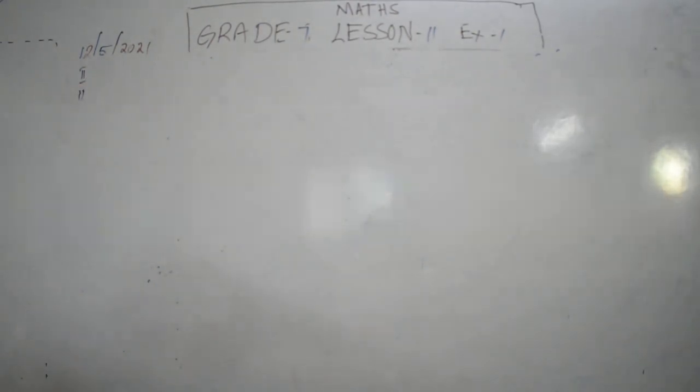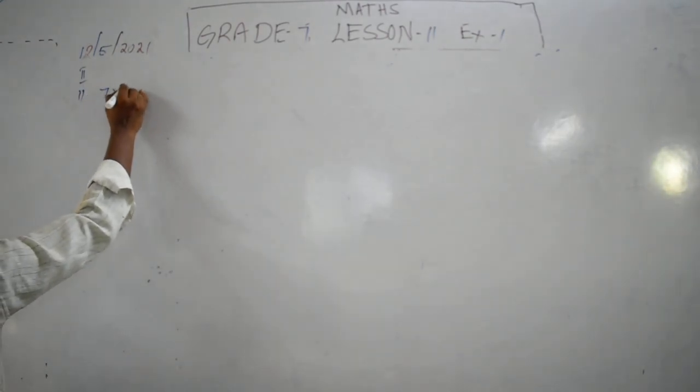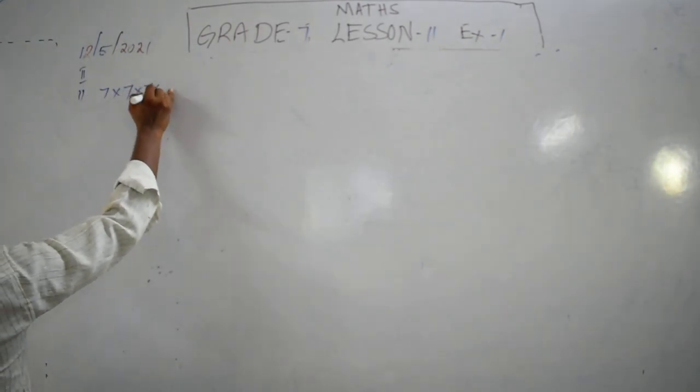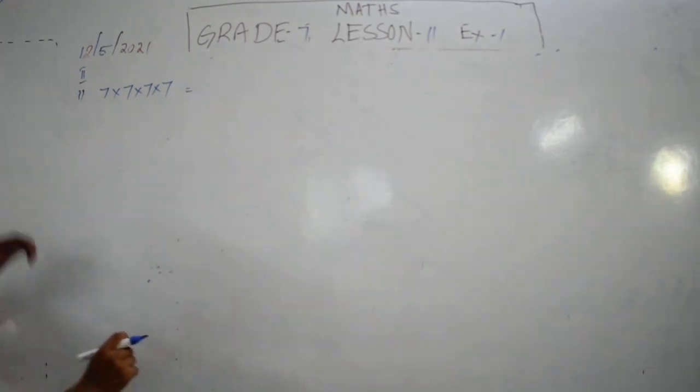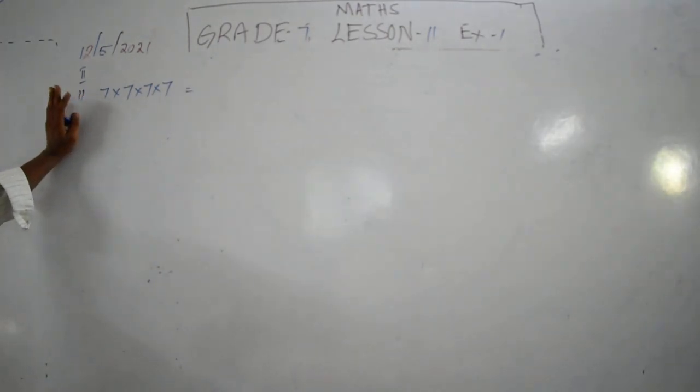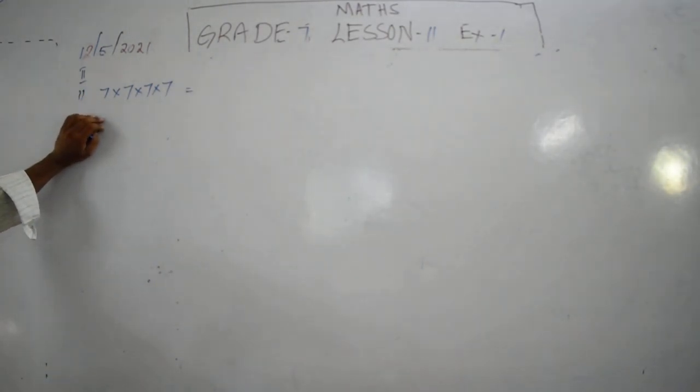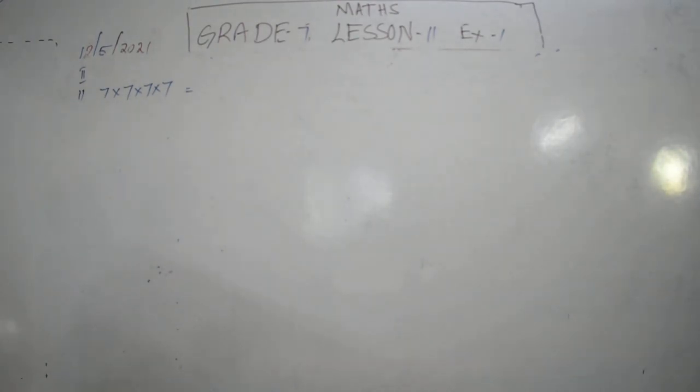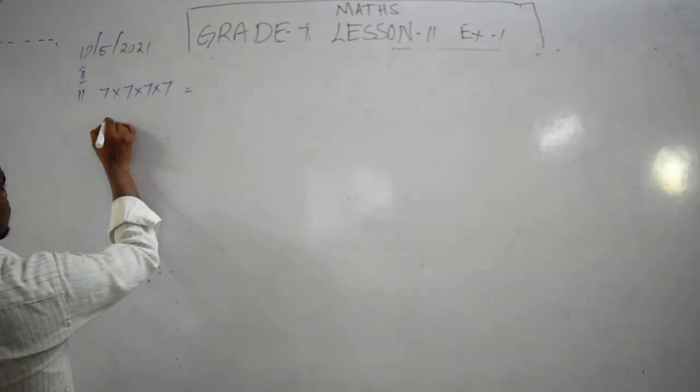Like here see, 7 cross 7 cross 7 cross 7. 7, 4 times multiply. So they are asking the exponential form.